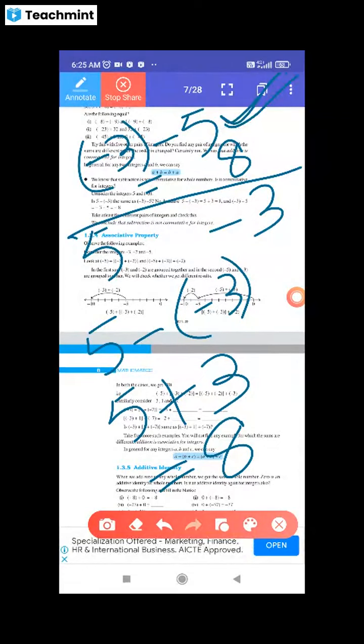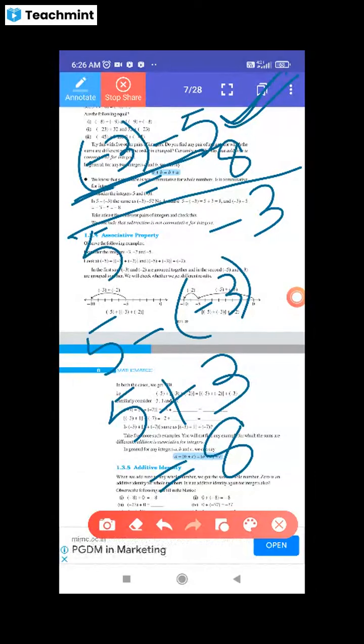Minus 3 minus 5. What is the answer? Minus, the same sign is there, no? That's why we have to add these two. Then 5 plus 3 is 8. Which sign do I have to put? Which one is the bigger number? 5. So in place of that, which sign is there? Minus.